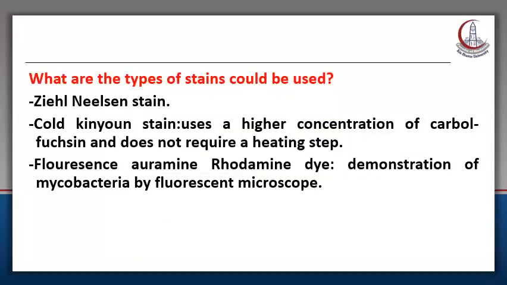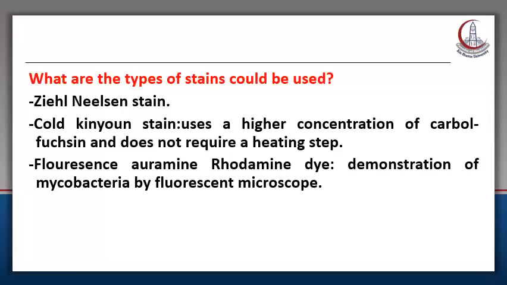To remember the types of staining for the acid-fast bacilli, there are 2 methods: the acid-fast staining and the fluorescent auramine-rhodamine dye. For the auramine-rhodamine dye, we use the fluorescent microscope, not the ordinary light microscope, because the fluorescent microscope uses UV light to demonstrate the bacilli by fluorescence against a dark background.